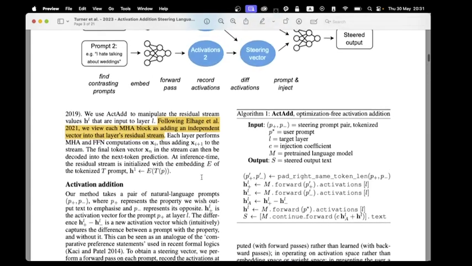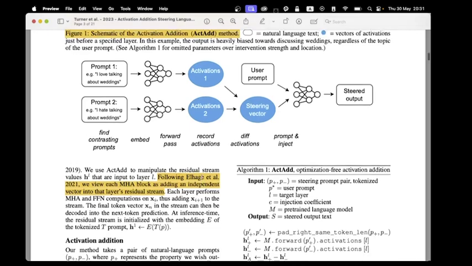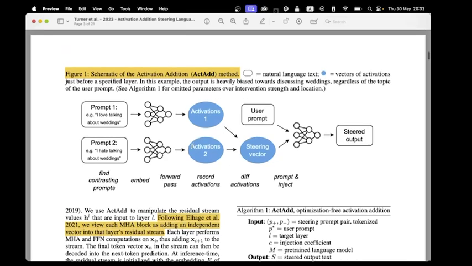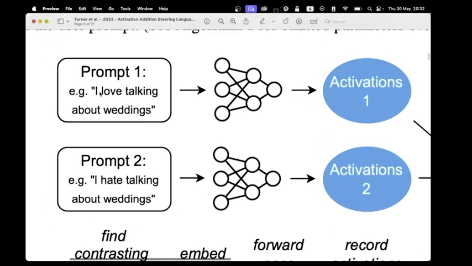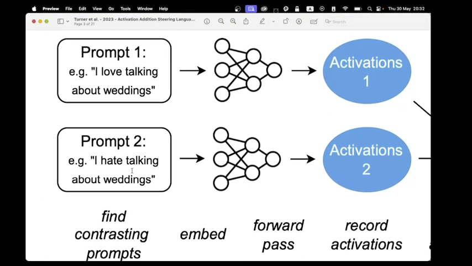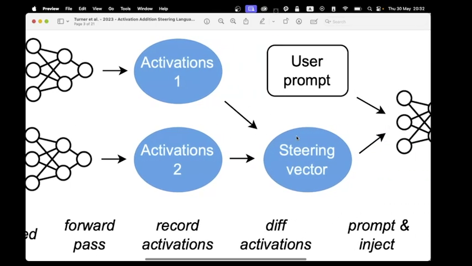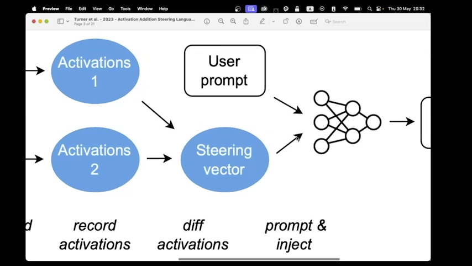So the above was a simplified picture. What they actually do, I think they tried what they showed before, but found that often it doesn't do the same. The actual technique they use is they take a positive prompt and a negative prompt, and then they run the forward pass, and they take a difference of the activations, and this is the thing they're going to inject.